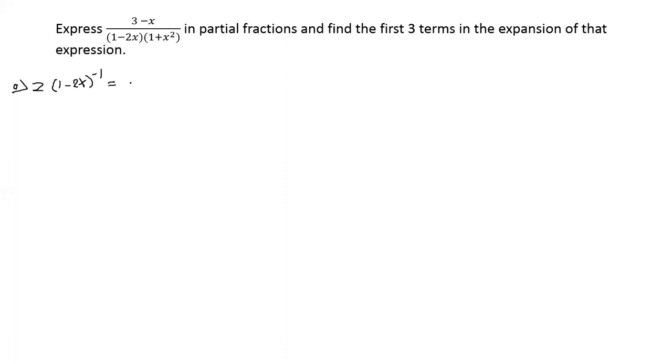According to the binomial expansion rule, it becomes 2 times (1 plus n times negative 2x, with n equal negative 1): negative 1 times negative 2x, plus a fraction negative 1 times negative 2 over 2 factorial, times (negative 2x) squared. Okay, 1, 2, 3, three terms.